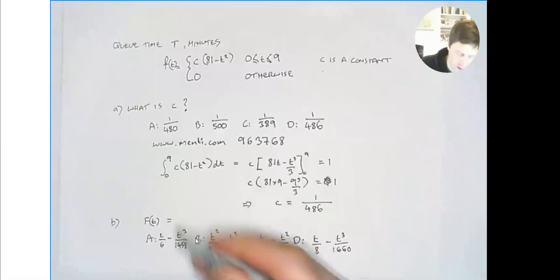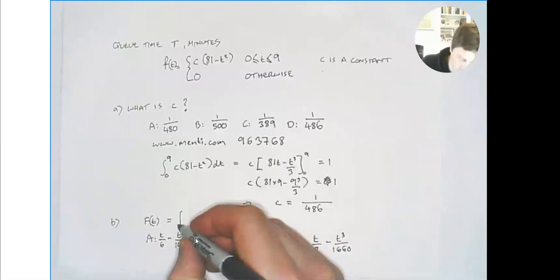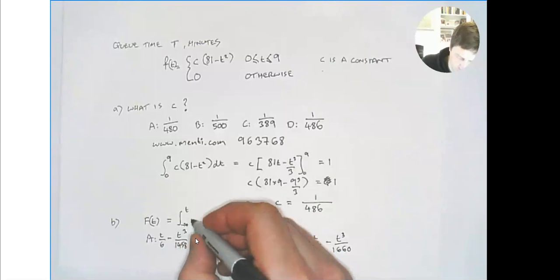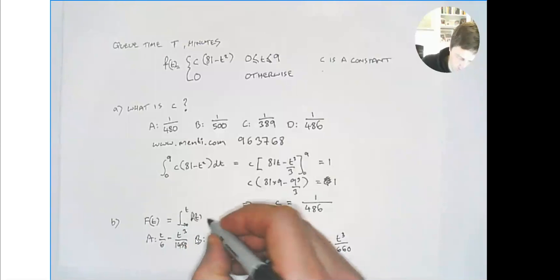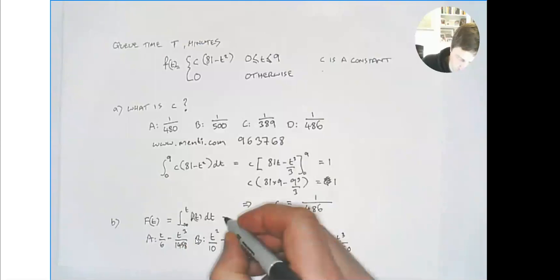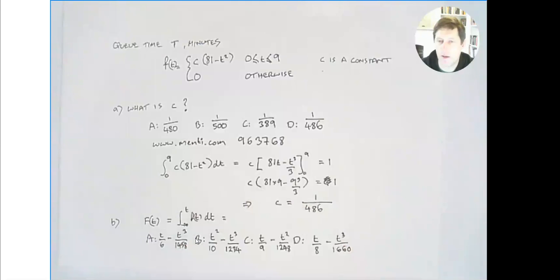So we integrate our function from minus infinity to t. And that tells us the accumulation of probability as we go from minus infinity to t.